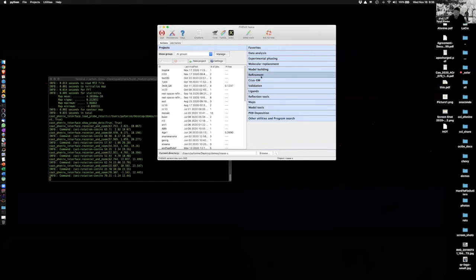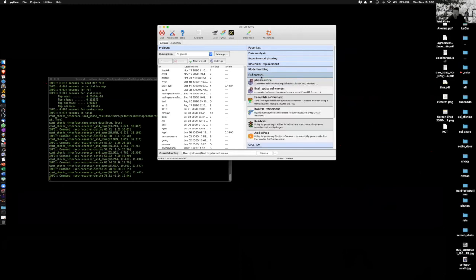That's located under the Refinement tab on the right. If you click on that, you'll see phenix.refine. That stands for crystallographic refinement, reciprocal space refinement. You'll see also real space refinement.